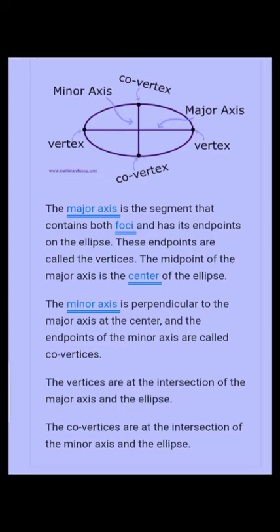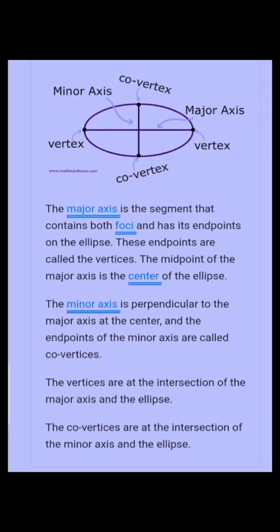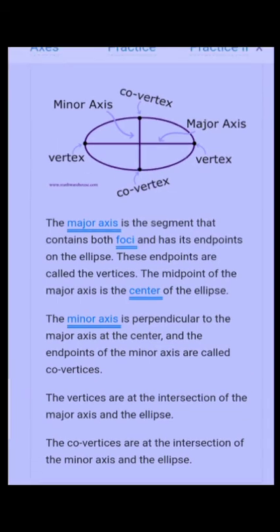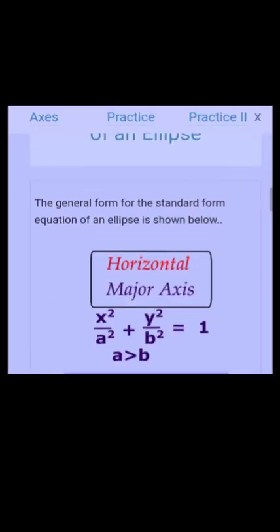Also the vertices. So these are at the intersection of the major axis and the ellipse. And the co-vertices are at the intersection of the minor axis and the ellipse. Or ito yung mga dulo-dulo nila. Yung vertices meaning vertex ng major axis, and yung co-vertex is yung vertex ng minor axis.